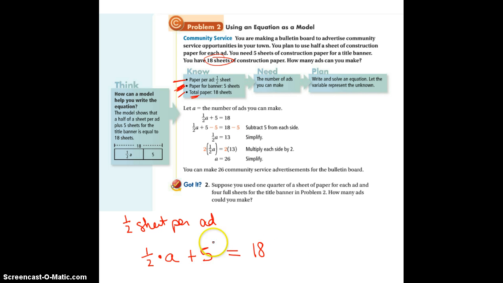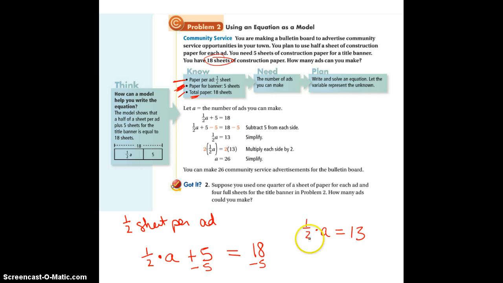So now I can find my solution. I would subtract 5 from both sides. When I subtract 5 from both sides, I have a half times A equal to 13.